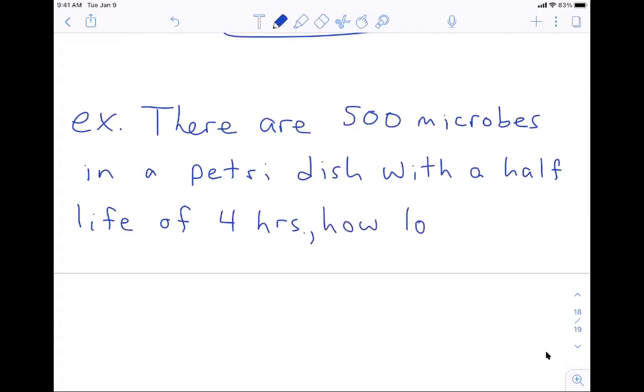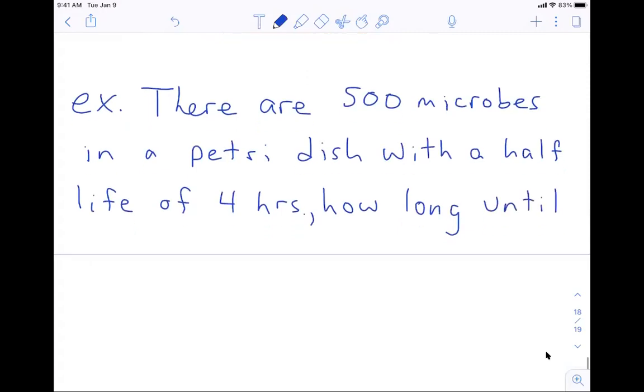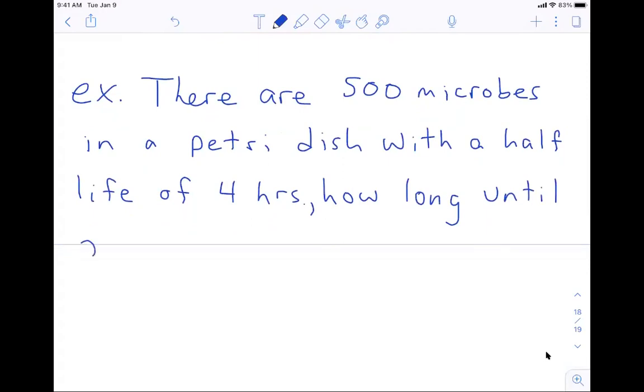How long until 22 microbes are left? So there are 500 microbes in a petri dish with a half-life of 4 hours. We want to know how long until there's only 22 of them left.